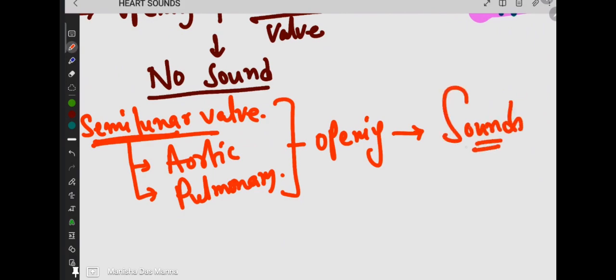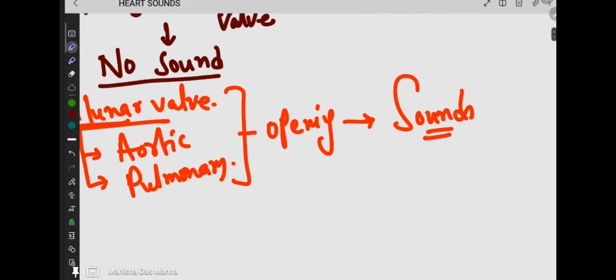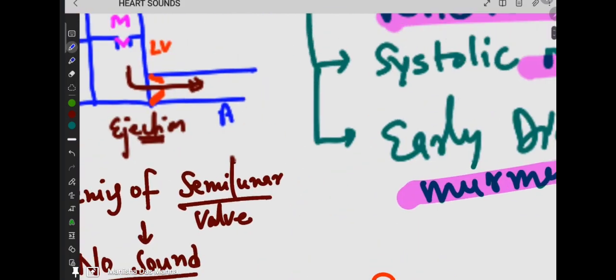Their opening leads to some sounds, and these sounds are called clicks. So what is a click?